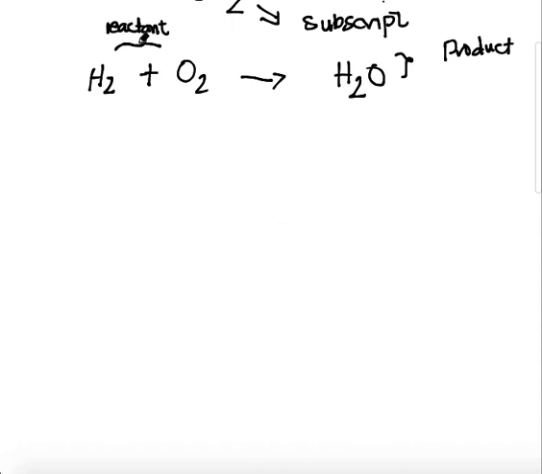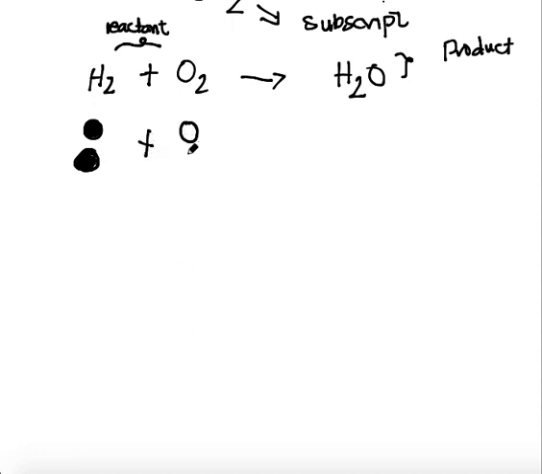For this reactant, we have two hydrogen molecules. Let me represent a hydrogen molecule with a full circle. So we have two hydrogen molecules, and we need to add two oxygen as well.